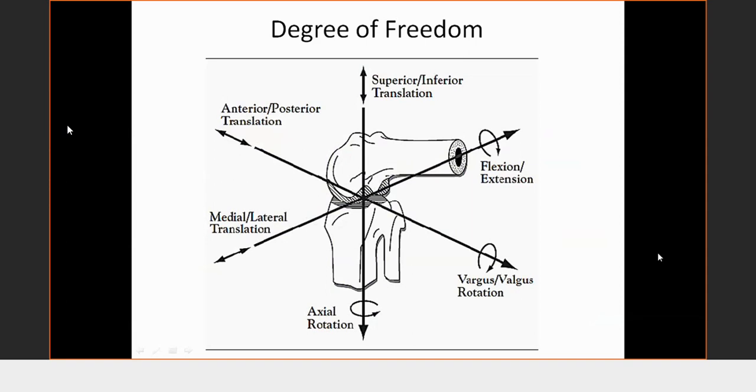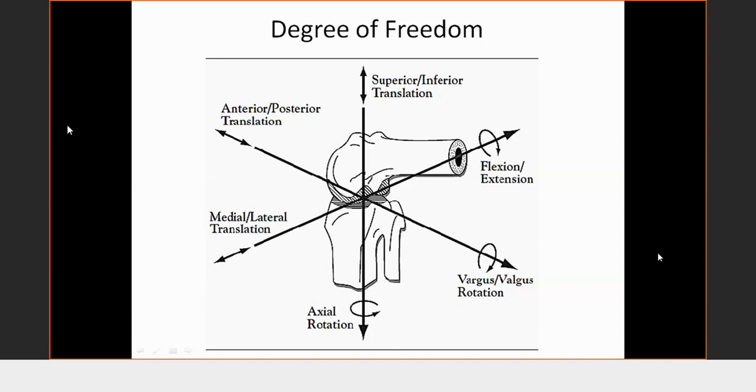So a uniaxial joint has movement along one axis, a biaxial joint has movement along 2 axes, and a multi-axial joint has movement along 3 axes. The wrist joint is biaxial, the elbow joint is uniaxial, and the shoulder joint is multi-axial. So this is the degree of freedom, the number of axes along which the movement is going to take place.